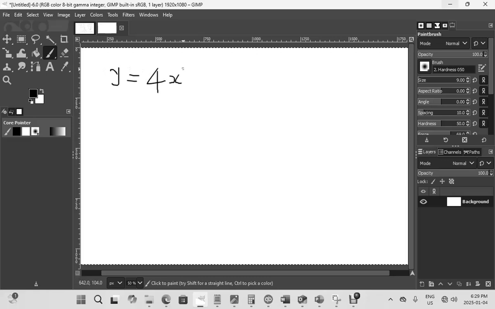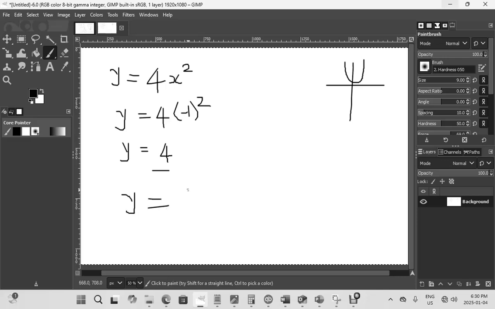This is the equation for your parabola, and again, the parabola will be a U shape on your quadrants, starting in one quadrant and ending in the other. Let's sub in the values. Let's say 4 times -1 squared. So y equals -1 squared, which is 1, so this will be 4.